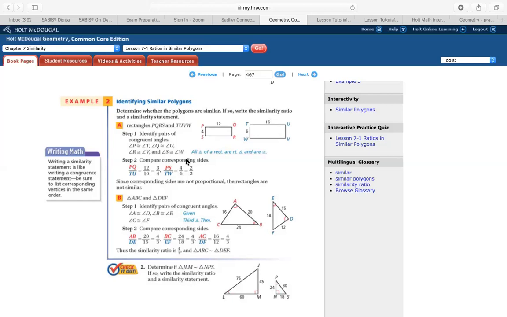If you're going to take TW first, you're going to take PS. If you take the greater first, you take the greater first in all the ratios. If you take the smaller first, you take the smaller in all ratios. I'm going to start from this point tomorrow.